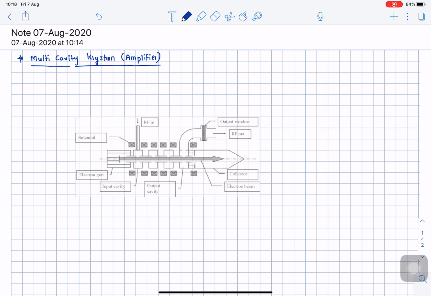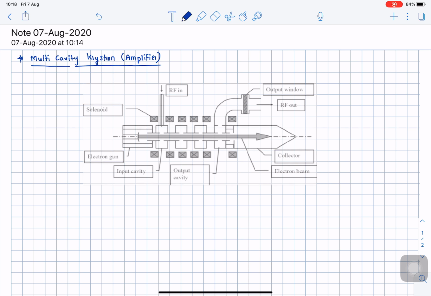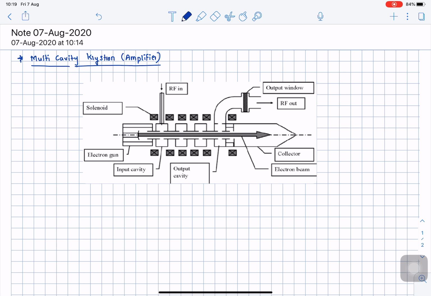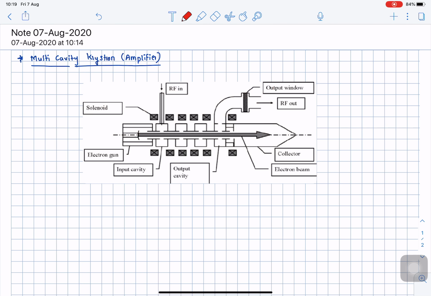Okay, so this is the image of multi cavity klystron. So here I will explain you the construction one by one. So here what we observe, I will change the color. The electron gun is the same over here. This is the electron gun. Now this electron gun is supplied with a negative bias as usual.